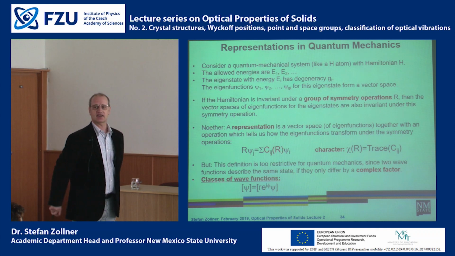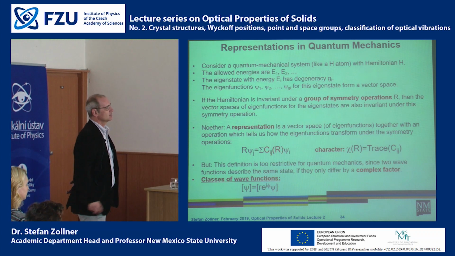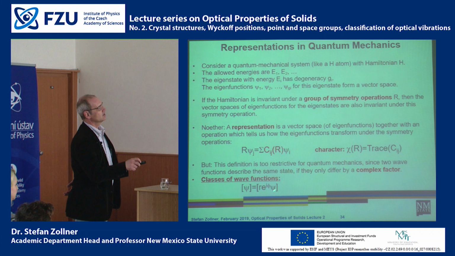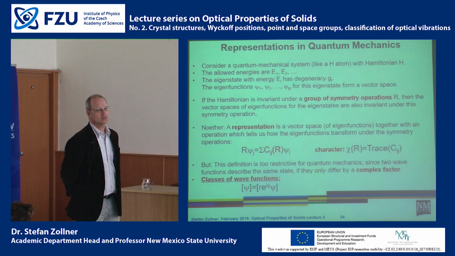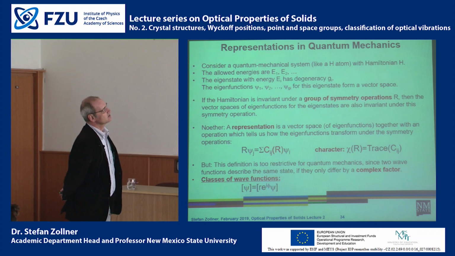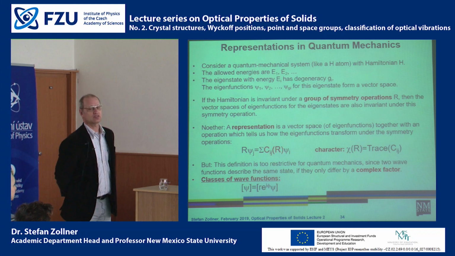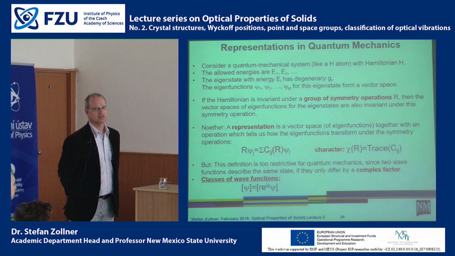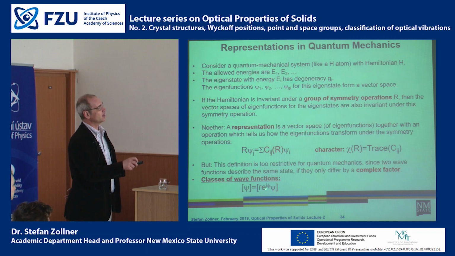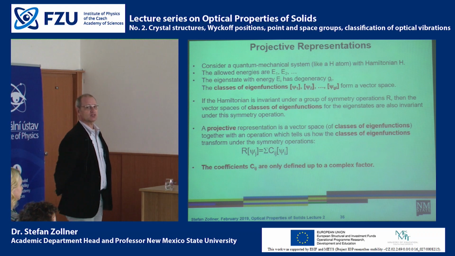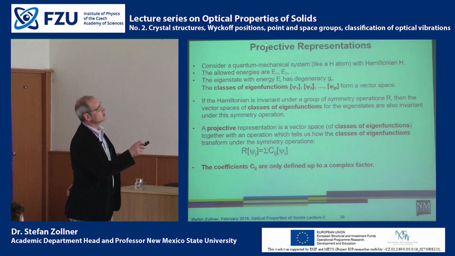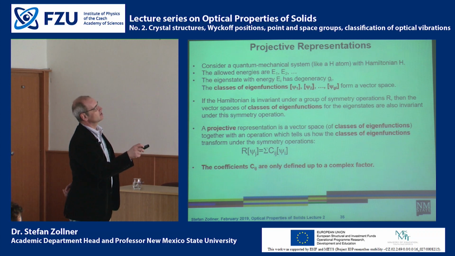R is the magnitude and phi is the phase of this complex number. Obviously, these two wave functions are different, but the quantum mechanical states that belong to these two wave functions are the same. So therefore, I need to introduce an equivalence relation that I'm calling two wave functions identical if they only differ by a complex phase. That changes the definition of the representation and introduces the term projective representations.